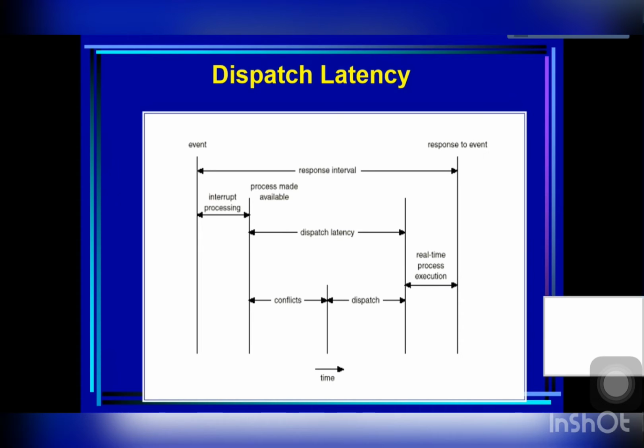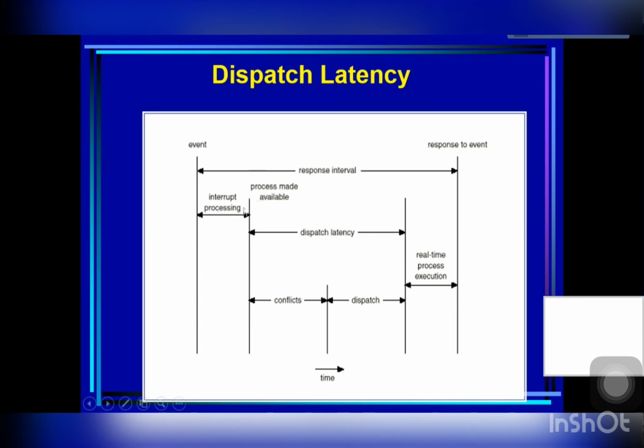It must then save the state of the current process before servicing the interrupt using the specific interrupt service routine. The total time required to perform these tasks is the interrupt latency.